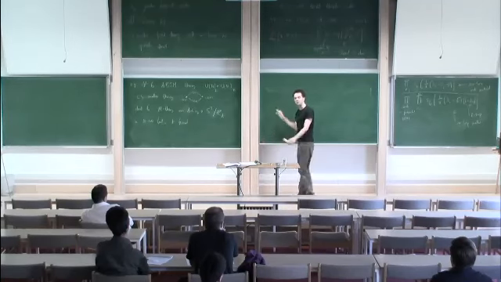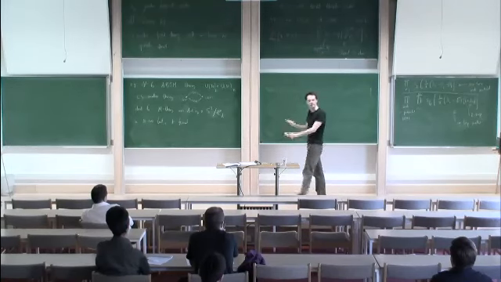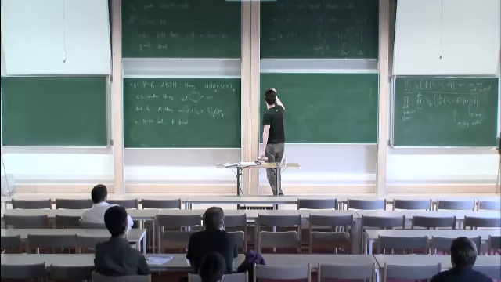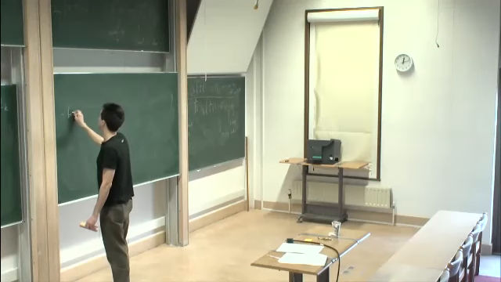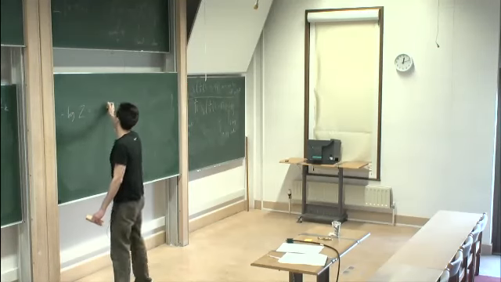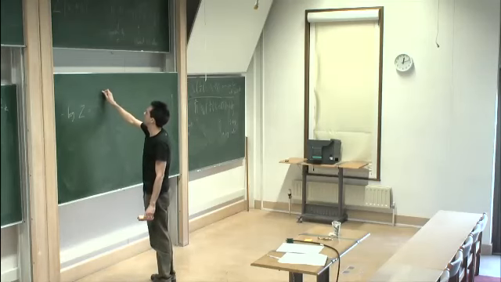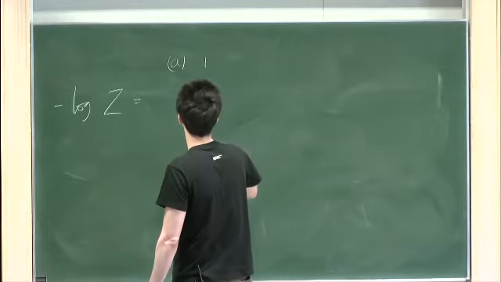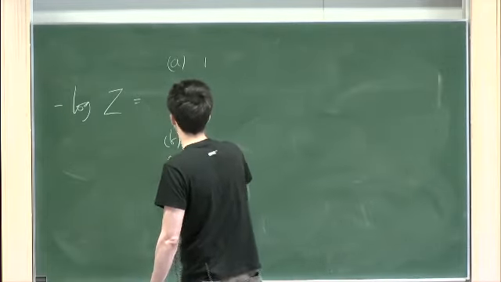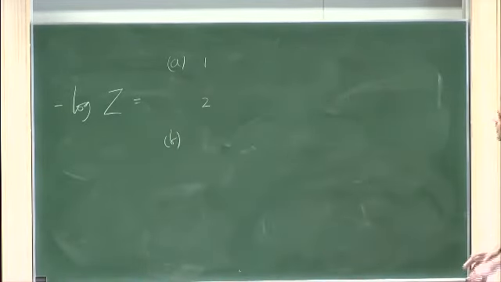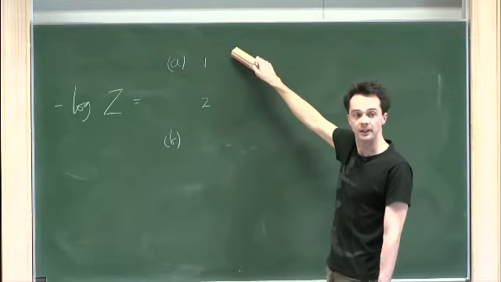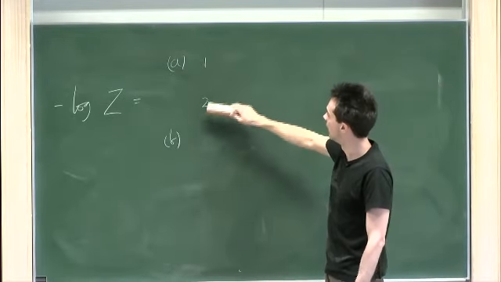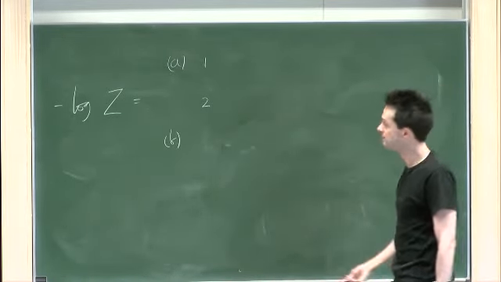Okay, so there's a long story about how you actually do that. I'm going to completely suppress it and just tell you the answer. So minus log Z is equal to, and then I'm going to have my various cases: A1, A2, and case B. Case A was the Berger sphere. 1 and 2 were 2 different gauge fields.